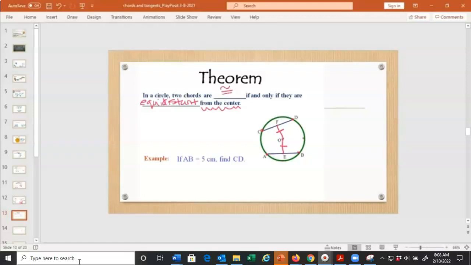So if this chord is going to be placed in the same position from the center to wherever, then of course it's going to be equidistant because it's sitting right in that circle in the same spot, the same length. So if AB is 5 centimeters, so this whole thing from A to B is 5 centimeters, obviously CD is 5 centimeters. The chords are congruent.